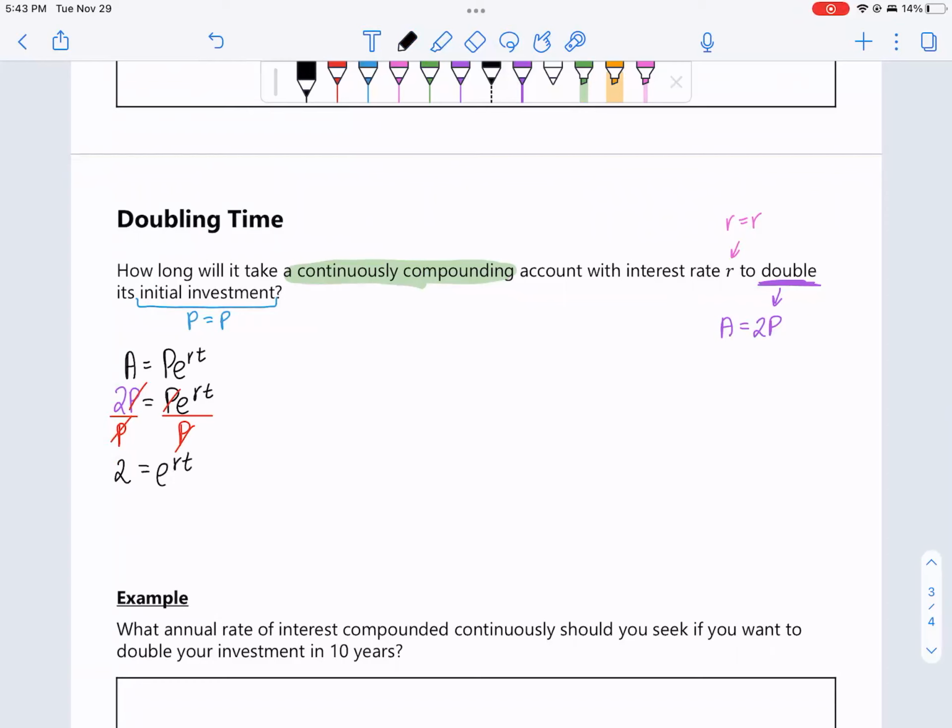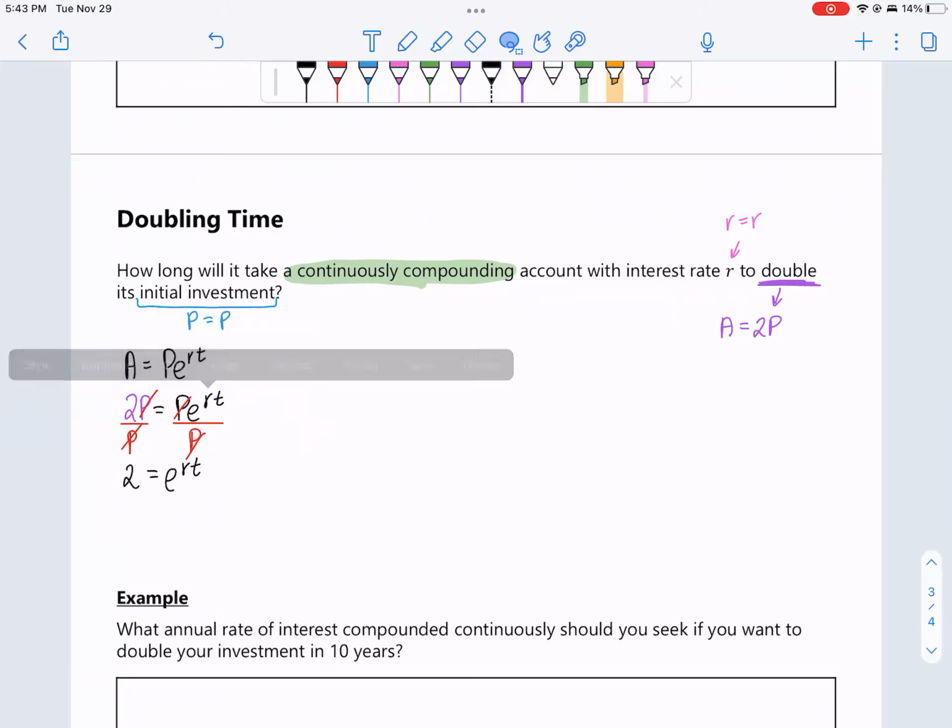And if you're an analytical student, what you're seeing right now should feel kind of like, what? And I'll tell you why. What I'm showing here is that the amount of time it takes for your bank account to double in size, if it's continuously compounding, is completely unrelated to the amount of principal you put in.